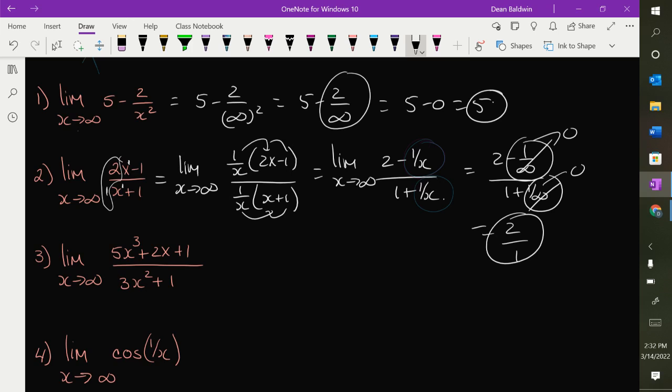So if you look at the next one here, which actually make that a 3 or a 2, sorry. If I look at that, I'm like, okay, the degrees are the same. I know the answer should be 5/3, but you're going to have to be able to show that on a test.